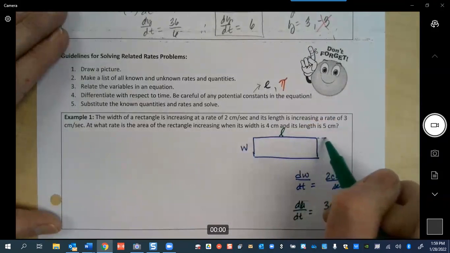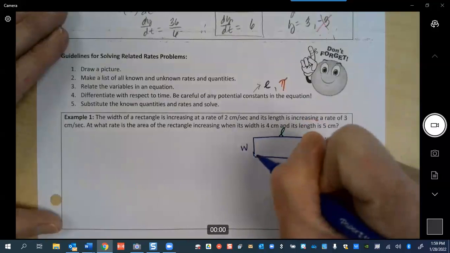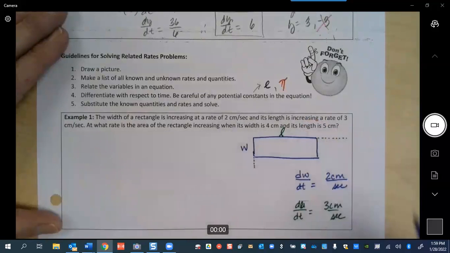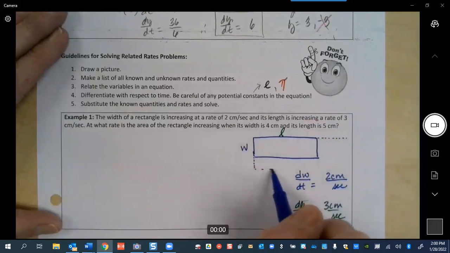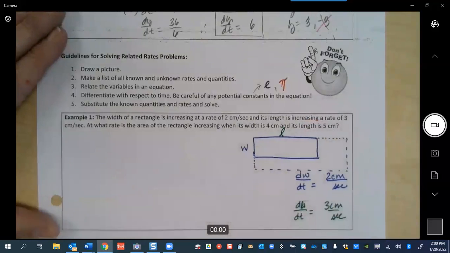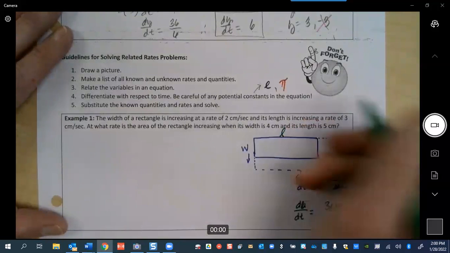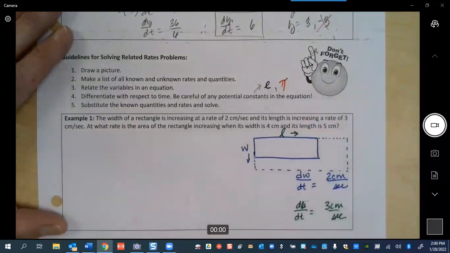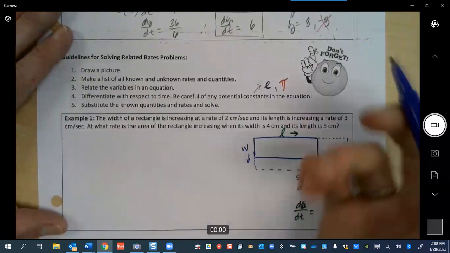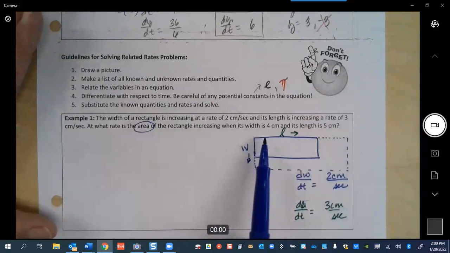So my length is getting longer and my width is getting wider. So we're talking about my rectangle changing. At what rate is the area of the rectangle increasing?